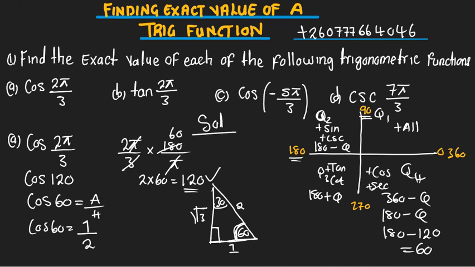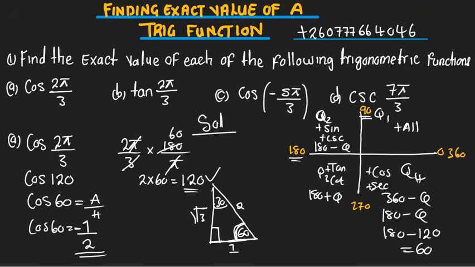So it's 1 over 2. Now, we ask ourselves, in which quadrant was it falling? It was falling in the second quadrant. In the second quadrant, only sine and cosecant are positive, the rest are negative. Hence, this is going to be minus 1 over 2. That's how you find the first question. It's that simple. We go to the second.